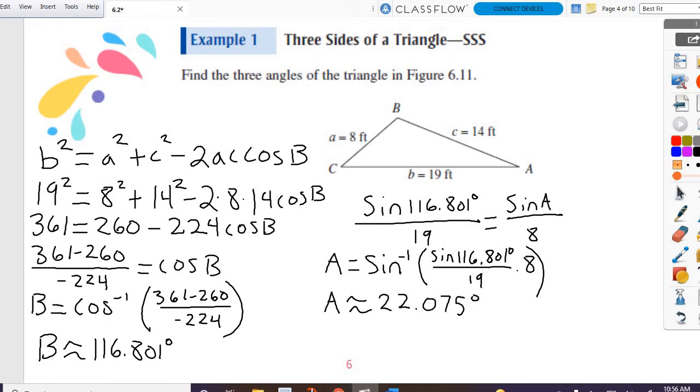Okay. And then, do I need to use law of sines or law of cosines to find C? No. What can we do? Subtract both of the A and B from 180. And what do we get?